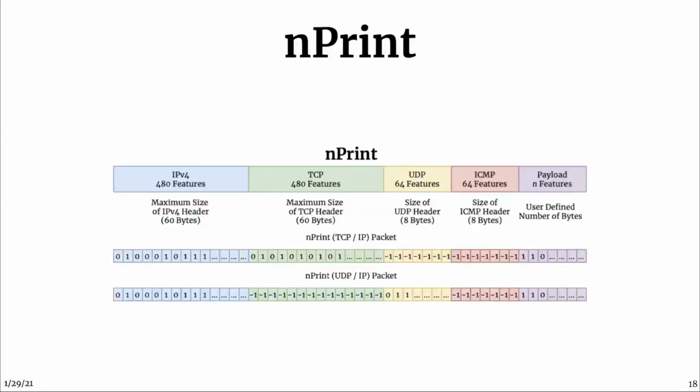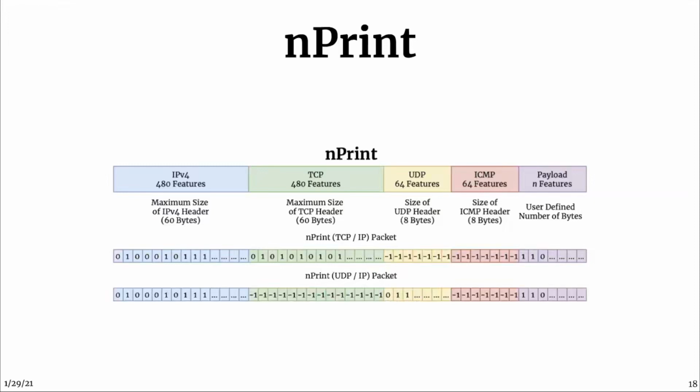Okay, so this is where we've landed. This is nPrint. It meets all of our requirements. So first, it's complete, and then we can represent every single bit of any packet to the classifier, because we include room for every protocol that we're interested in for a given problem. It's constant sized in the sense that by padding to the maximum size of a given header, we are able to guarantee that the classifier gets constant size input.